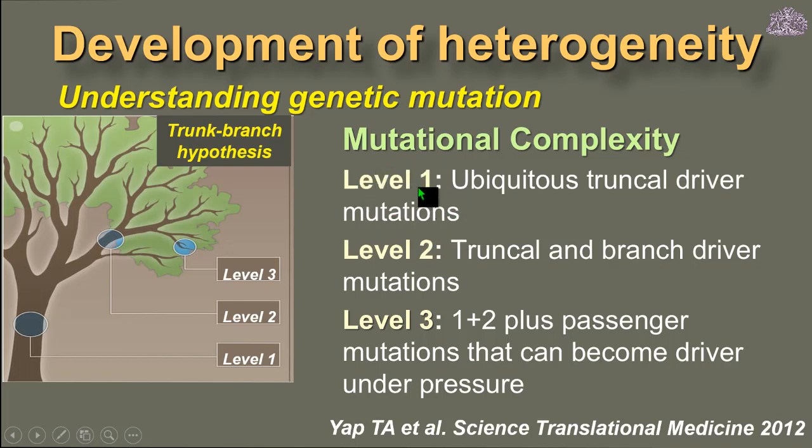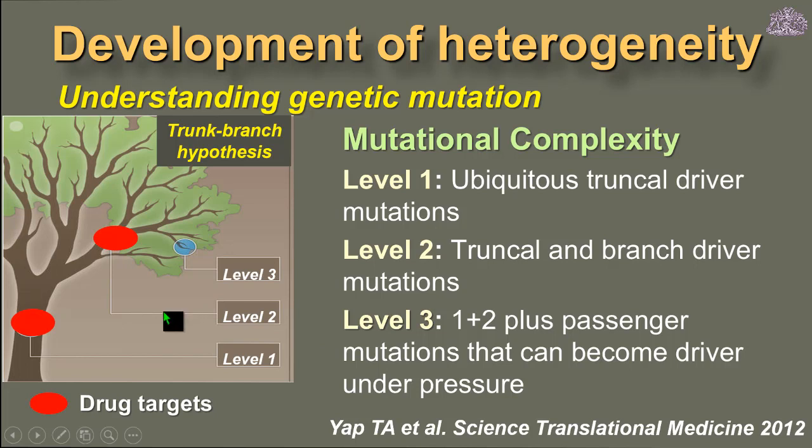So you have level 1 mutation that is ubiquitous. You think of a tree, and these are mutations that occur in all tumor cells. Level 2 are truncal and branch mutations. They occur a little bit further along on the cancer mutation journey. And then level 3 are potentially 1 and 2 plus other passenger mutations that can, under pressure, become primary driver mutations.